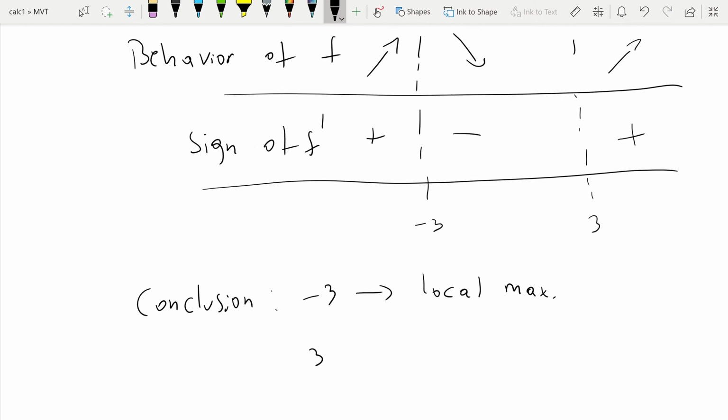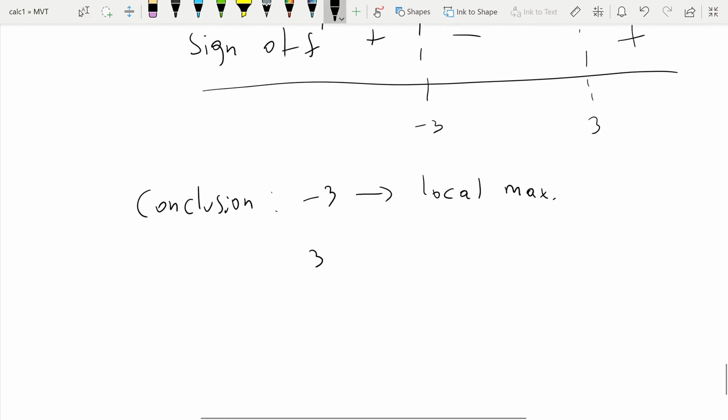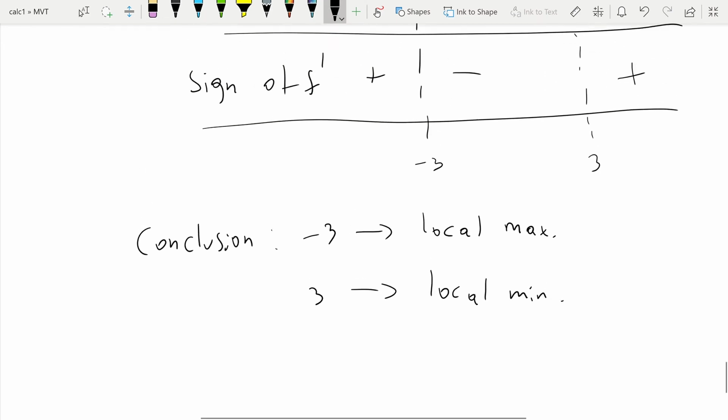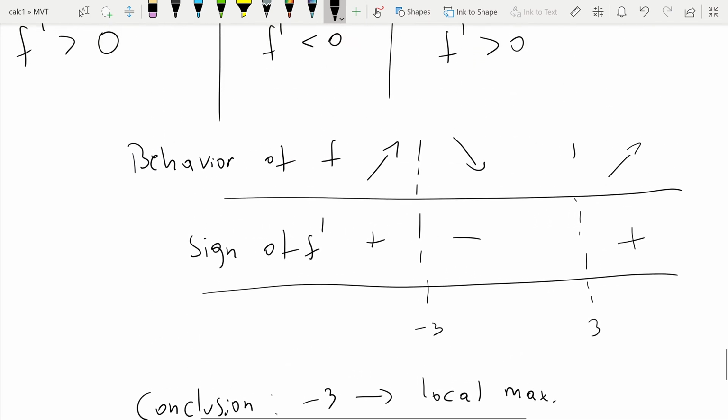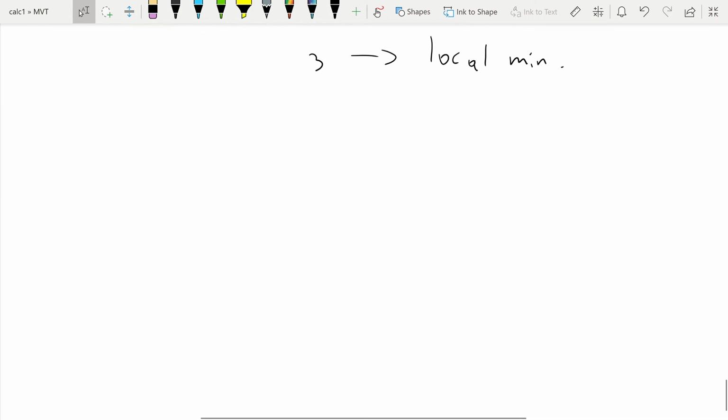And 3 is exactly the opposite: you're going down until you reach 3, and then you go up again. So 3 must be a local min. It's a function that goes up, goes down, and goes up again. This is a typical behavior of all cubic functions.